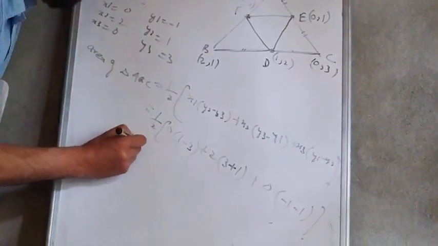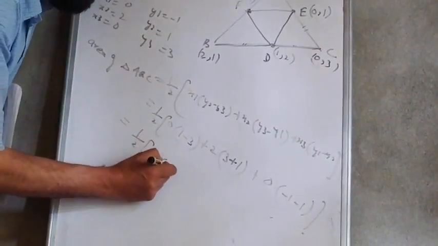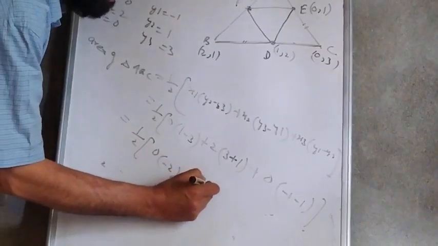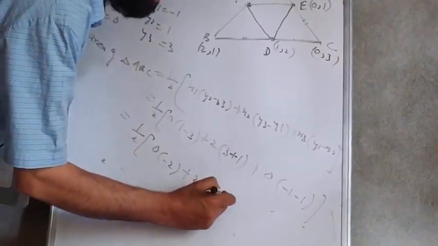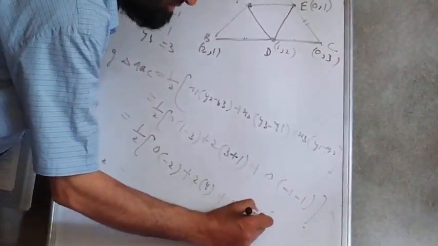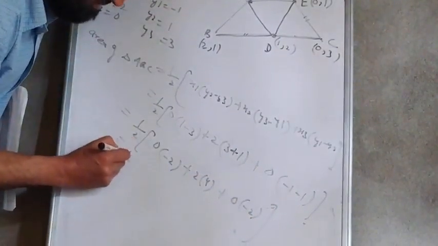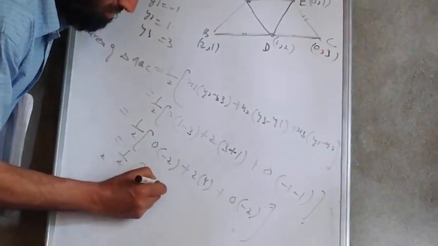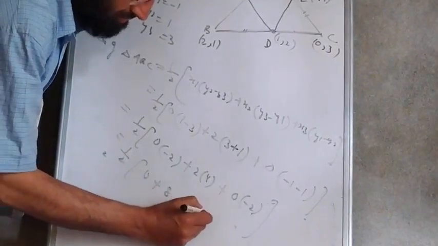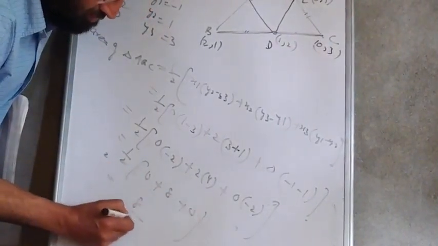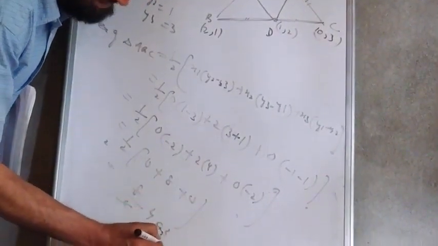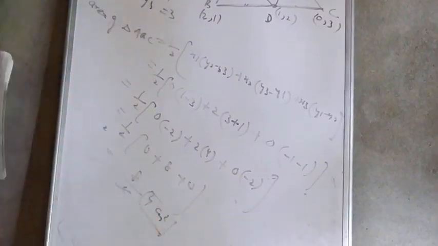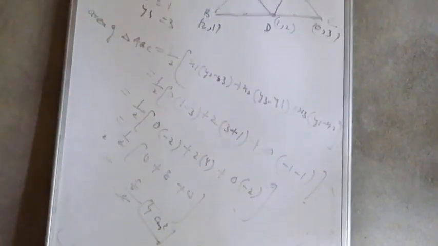So this is 1 by 2, 0 into minus 2 plus 2 into 4 plus 0 into minus 2. So this is 1 by 2, 0 plus 8 plus 0. So this is 8 by 2, which is 4 centimeter square, the area of this given triangle.